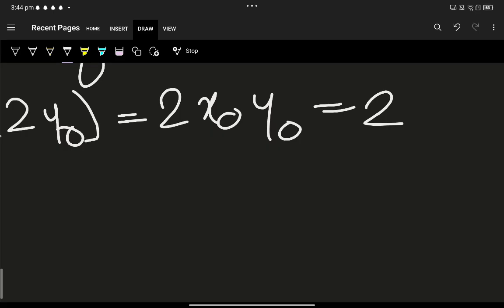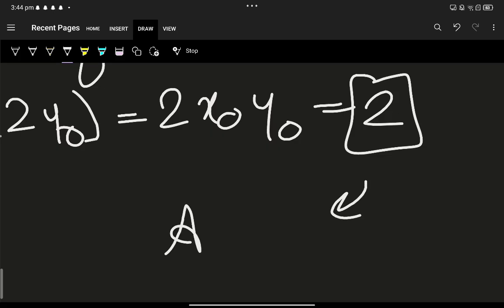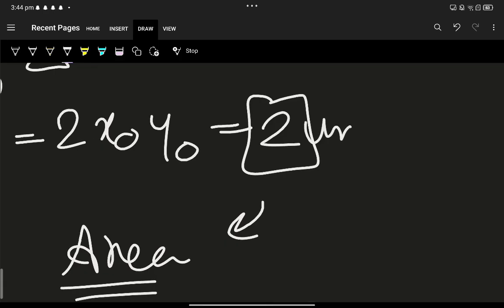So yeah, this is how we found out the area of the triangle, right? So the area is 2 units, so I can just write 2 units.